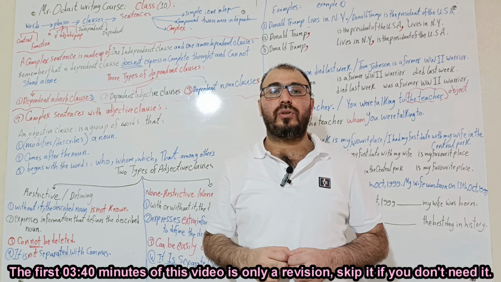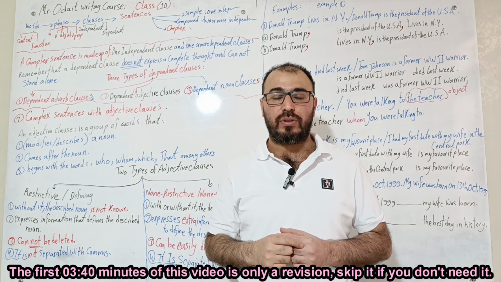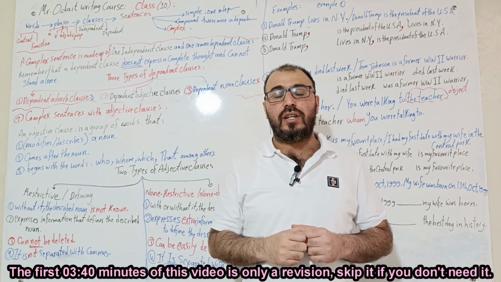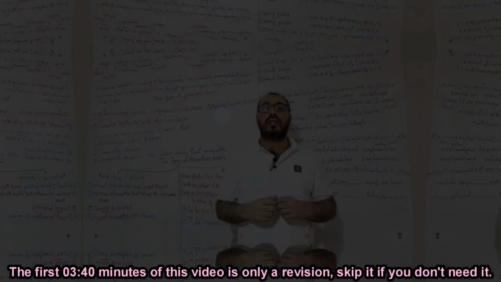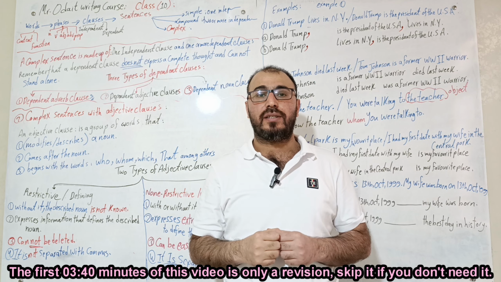Before we started going through complex sentences and dissecting them in depth, we had decided to take a quick revision about clauses, and we had a comparison between independent clauses and dependent clauses.